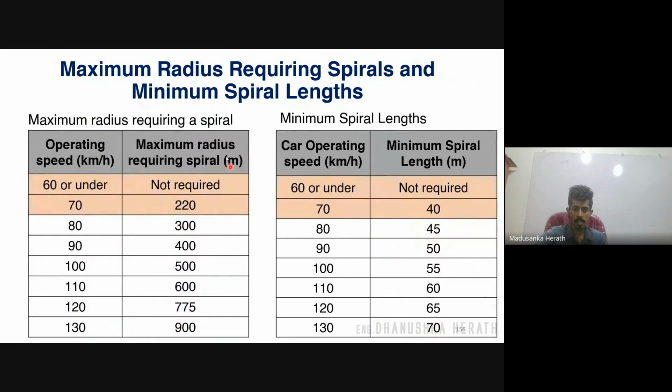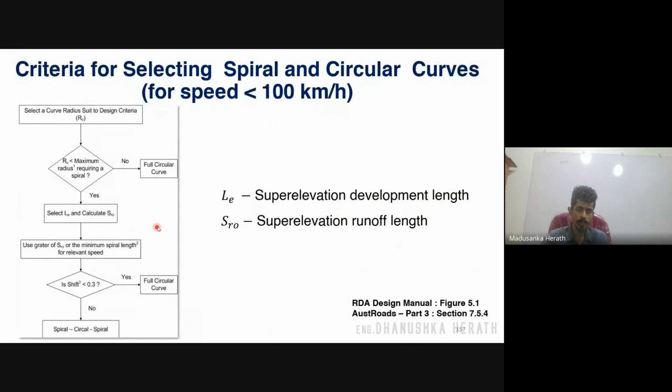We check this one whether we need the spiral curve. If it is no, then we can go with the full circular curve. Then we select LE and SRO. LE is the super elevation development length and SRO is the super elevation runoff length.